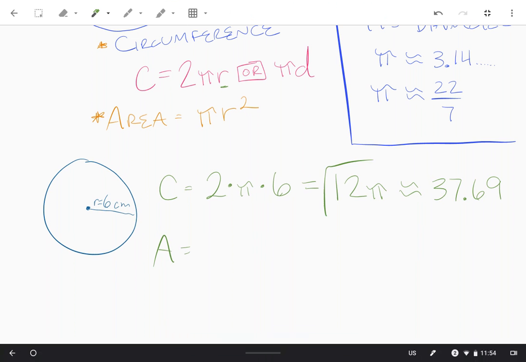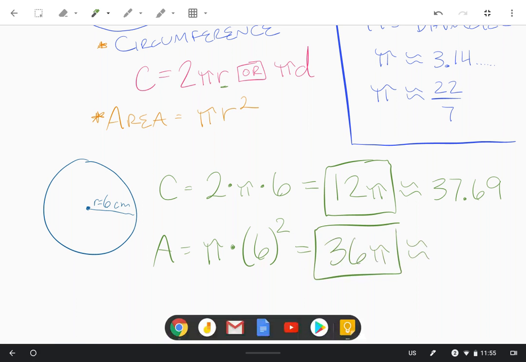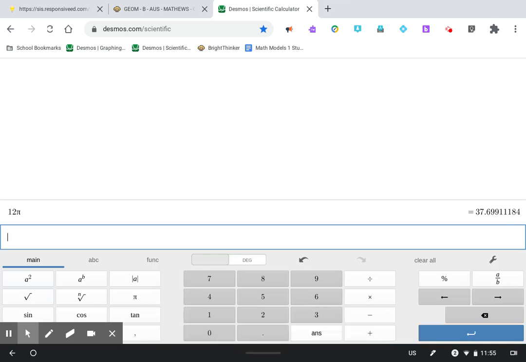But 12 pi is actually the preferred way of writing the answer because it isn't an estimation, it's an exact answer. So that's what we do for circumference: 2 times pi times the radius, which in this case is 6. And then for the area, we're going to do pi times the radius squared. 6 squared means 6 times 6, which is 36 pi. Again, that's the preferred answer. But if we wanted to approximate, we could.